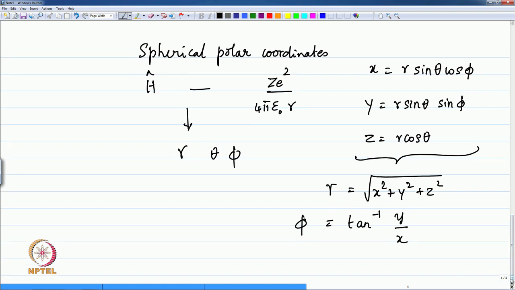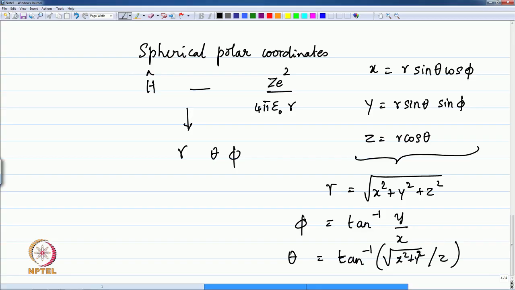The last relation is theta, which is given by tan inverse of the square root of x square plus y square divided by z.